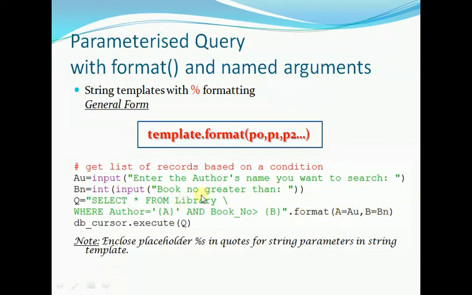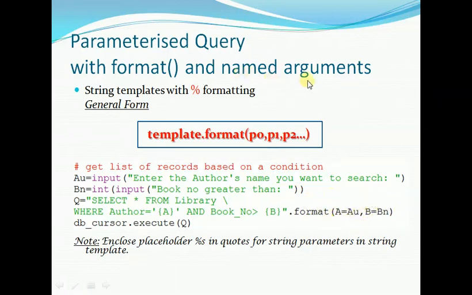So here the same problem we have done using this format, and here A, U and BN. In the placeholder we are giving a variable name also, a named argument. Here author's name, here A, then book number B, and I am substituting the value AU to A and BN to B. If you are doing it in this way, you can reverse the orders also.